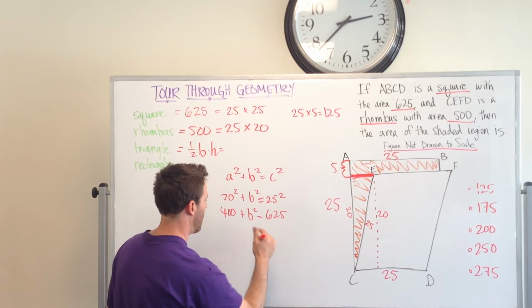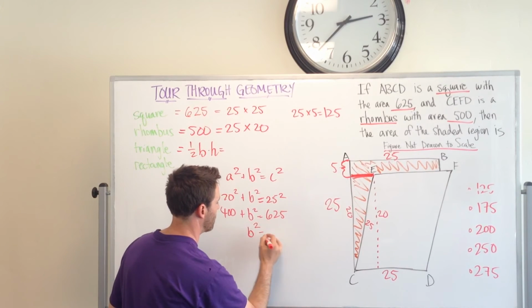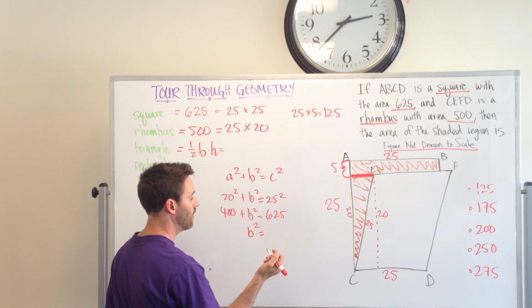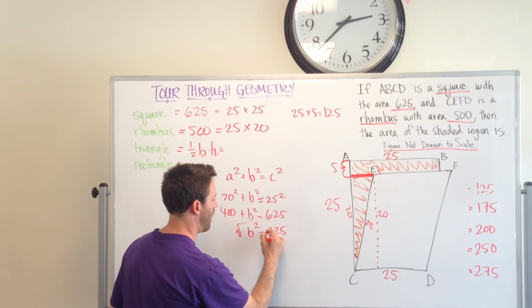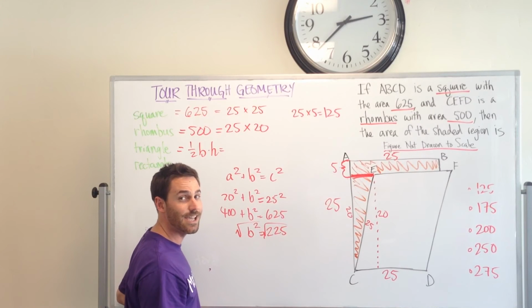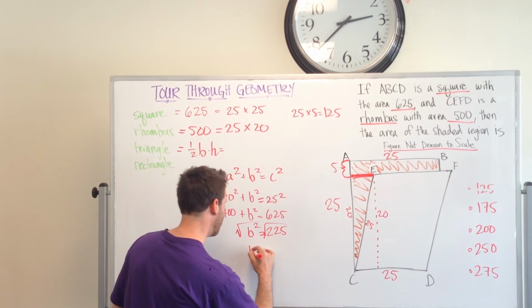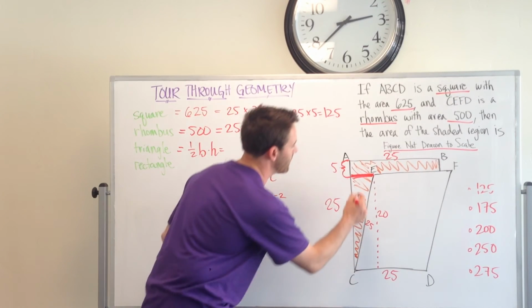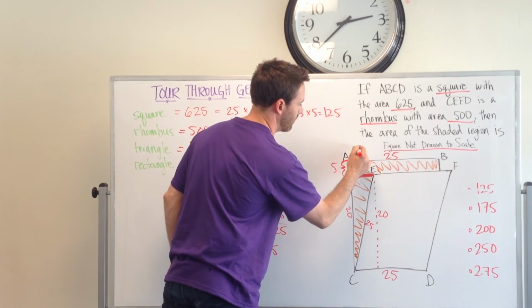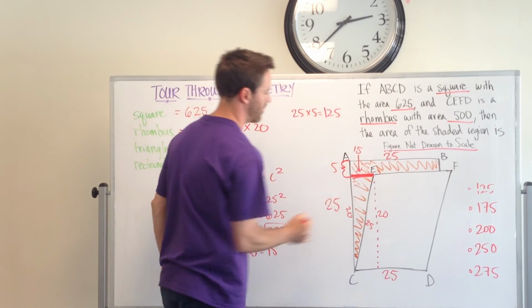B squared is equal to 625 minus 400, which is 225. The square root of 225 is, anyone? 15. All right, so now I know that this side is 15. Put it up here. Draw an arrow.